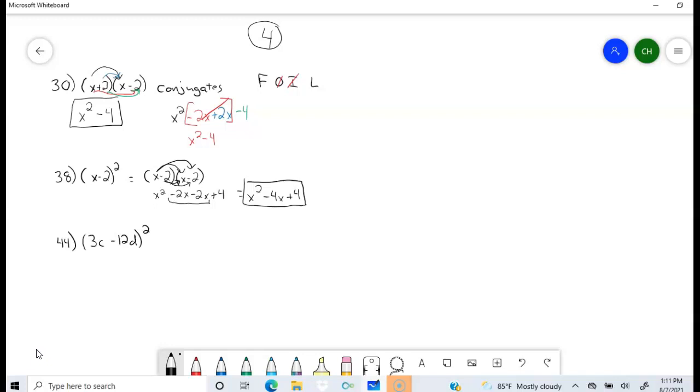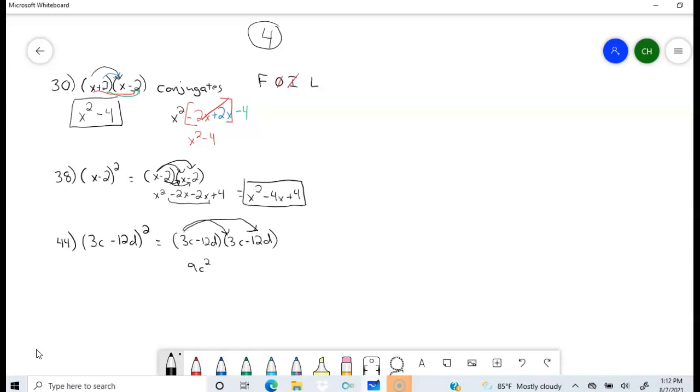Number 44, they made it a little more complicated because they gave you two variables, but again, we don't treat it any different. We have 3c minus 12d, and because it's squared, we're multiplying it times exactly the same thing, 3c minus 12d. First times the first is 9c squared.